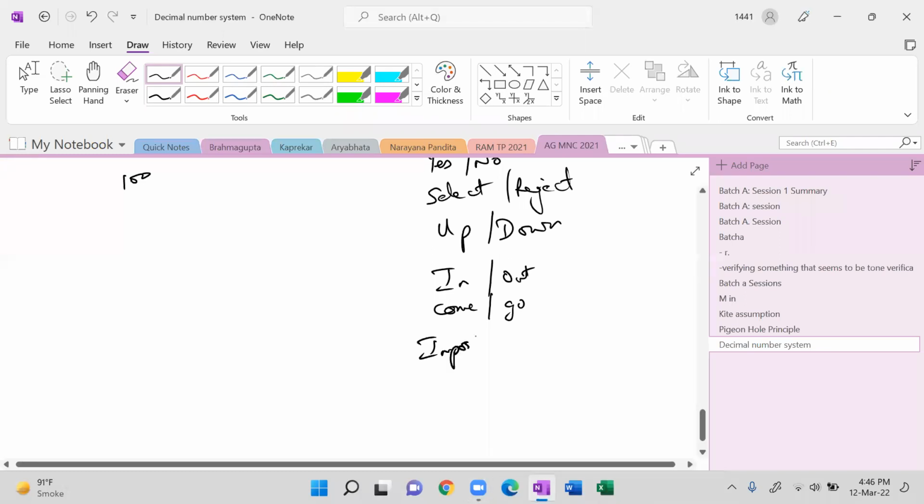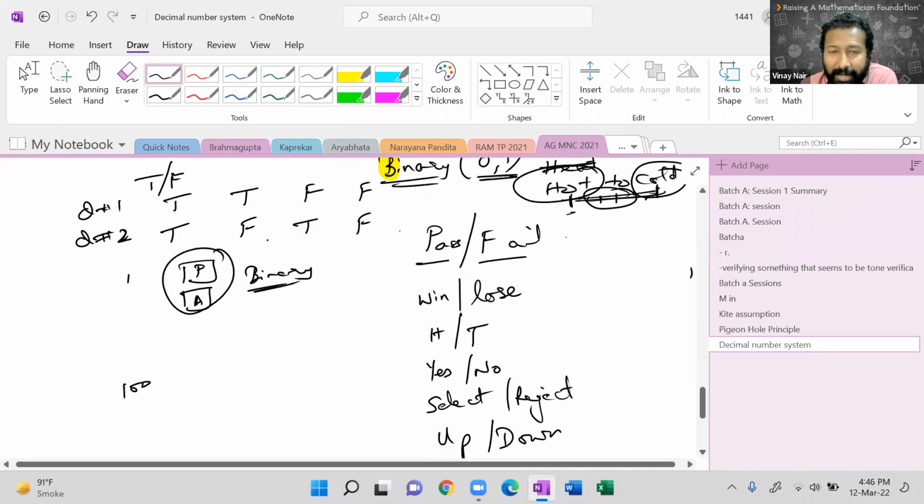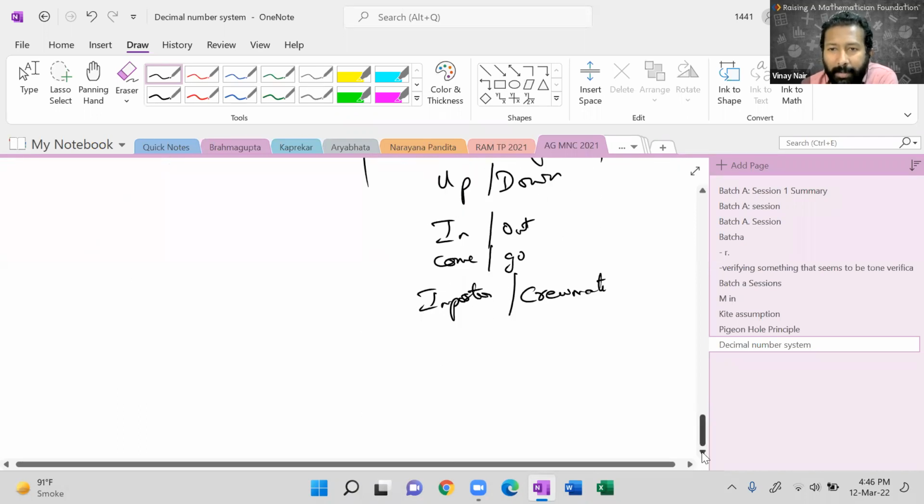Yes, sir. You can either be an imposter or you can be a crewmate. You have a WhatsApp account or you don't have a WhatsApp account. You have a phone, you don't have a phone, right? Okay. So whatever has exactly two options comes under binary, and which are not, they don't come under binary.